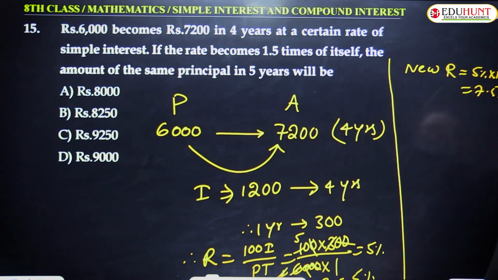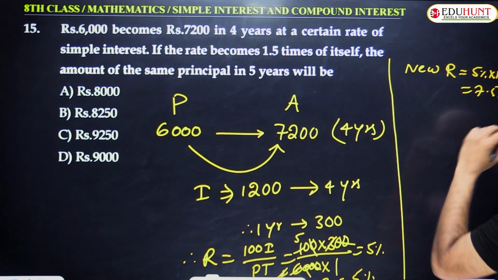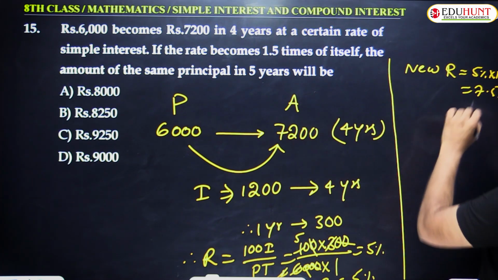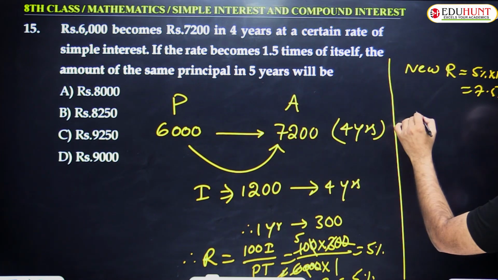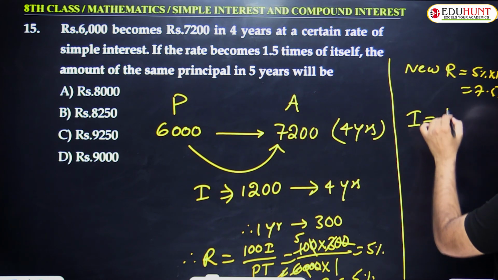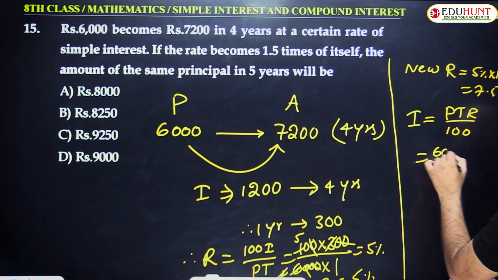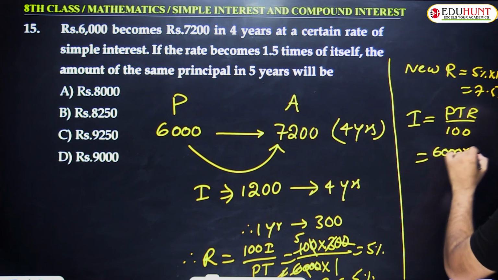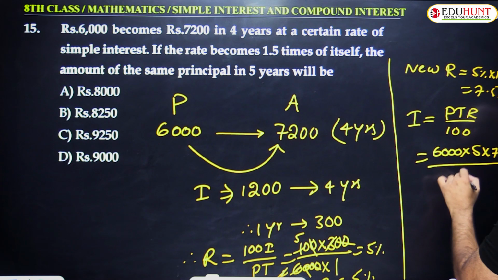Am I clear? So the amount of the same principal in 5 years will be, within 5 years as per the new rate, how much amount will it get? Here again apply PTR by 100. The same principal, initial 6,000, time 5 years, into the new rate of interest 7.5 by 100.